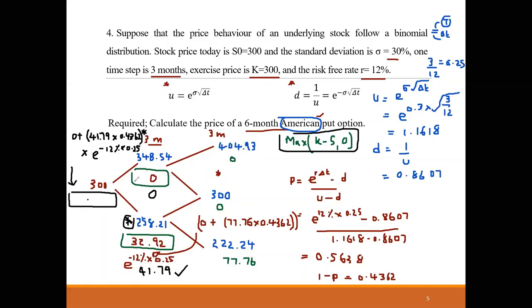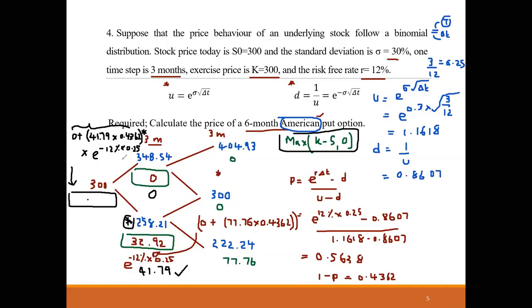So then how much would be the value of this American put? The value of the American put would be 0 plus 41.79 into 0.4362, right? So this will give you the expected payoff.